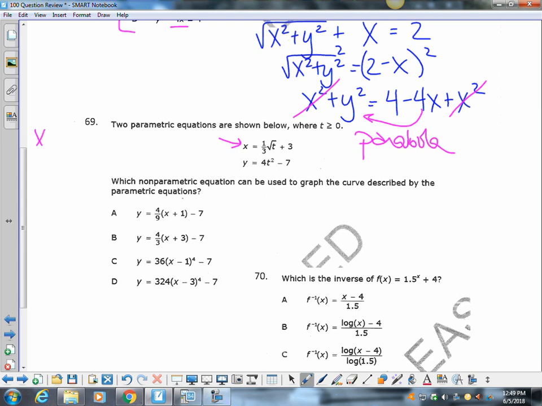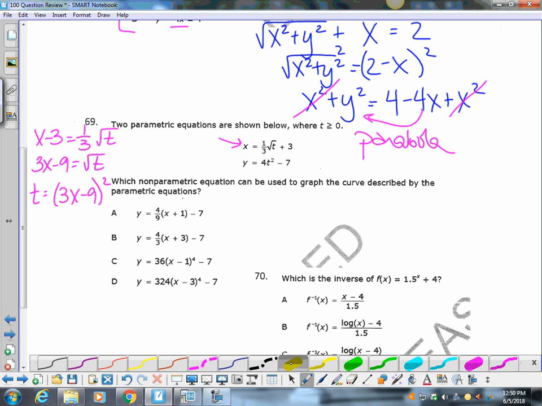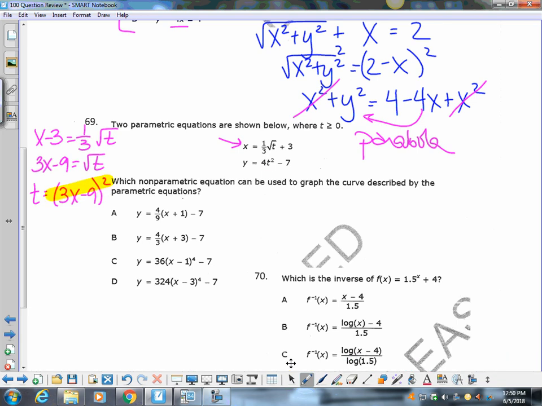So I'm going to do x minus 3. And then I'm going to multiply both sides by 3. And then I'm going to square both sides. Okay. Now I'm going to take that and plug it right there in for that t.